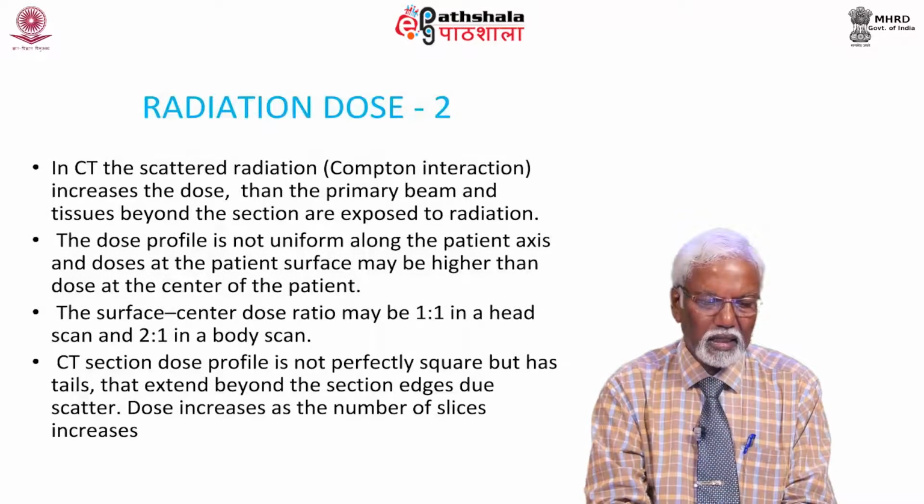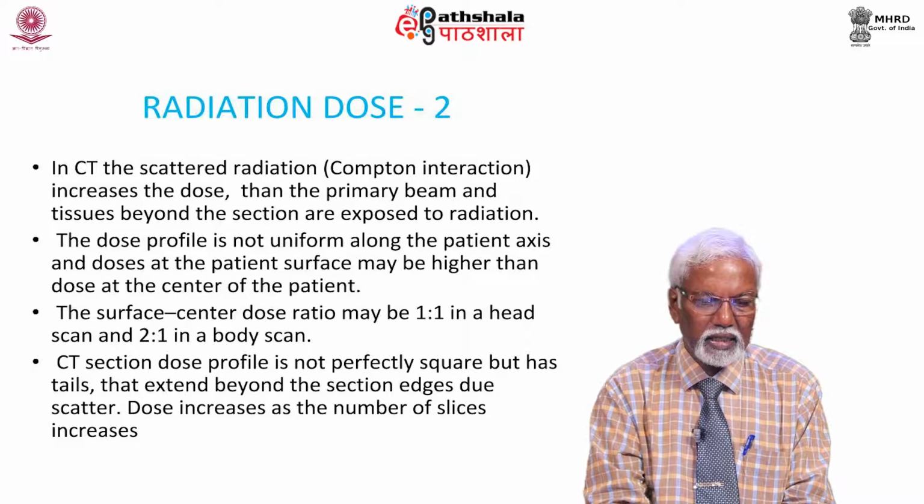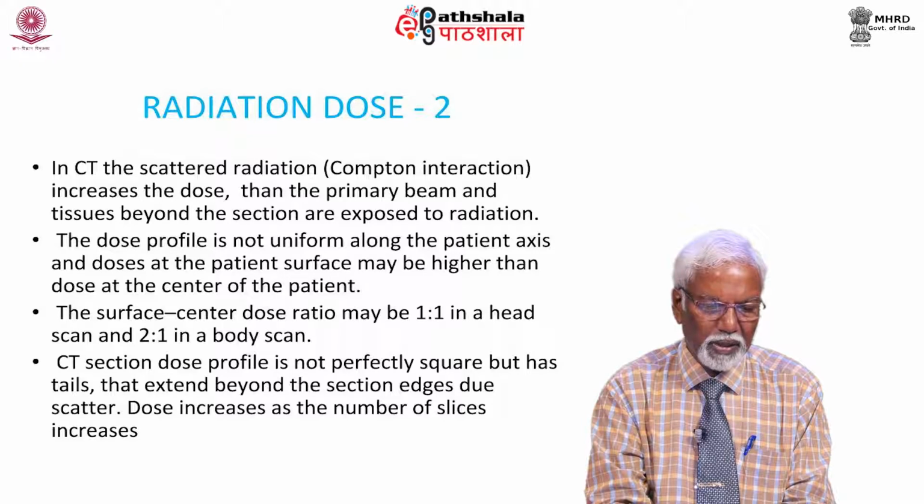In the CT scan, the scatter radiation increases the dose beyond the primary, and the tissue beyond the sections is exposed to radiation. The dose profile is not uniform along the patient axis, and the dose to the patient surface may be higher than the dose at the center of the patient.